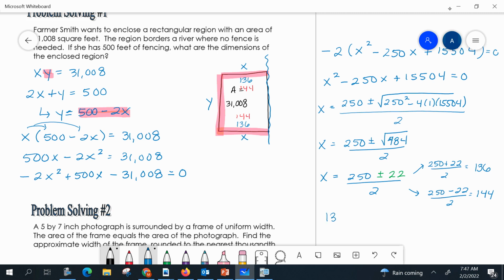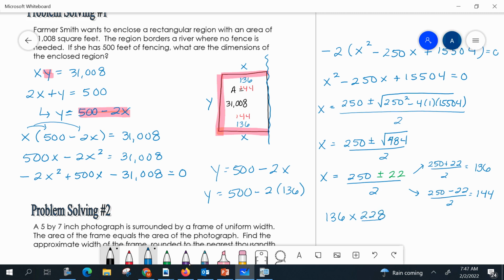It could be 136 for the first dimension, and we'll plug that back in. Well, I think the easiest place to plug it back into would be y equals 500 minus 2x. So if we go 500 minus 2 times 136, we see that the dimensions are 136 by 228.